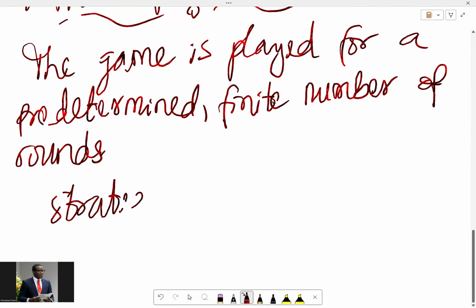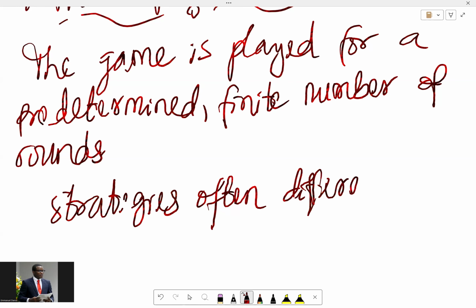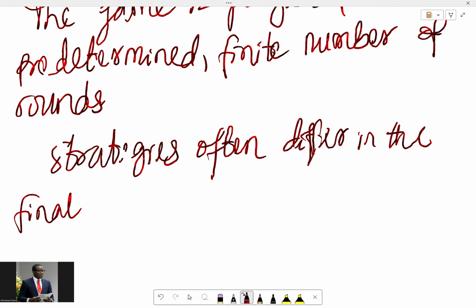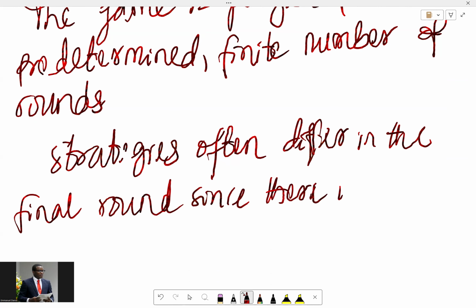Strategies often differ in the final round since there is no future to consider.